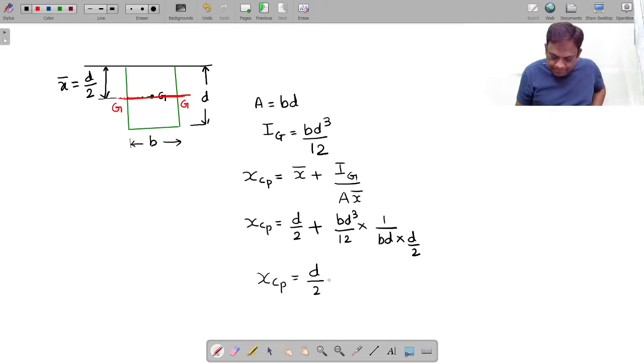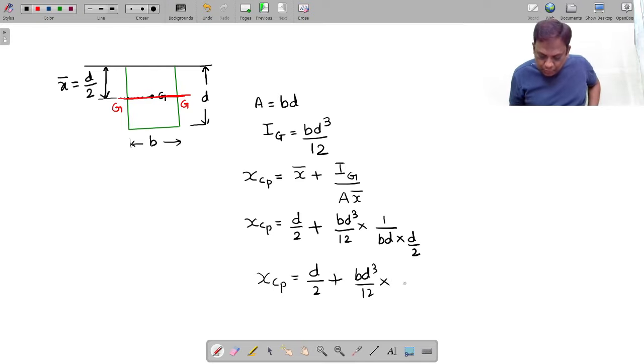Now let us calculate XCP. D by 2 plus B D cube by 12, and this 2 will go to the top. This will be B D square, and now B is gone.